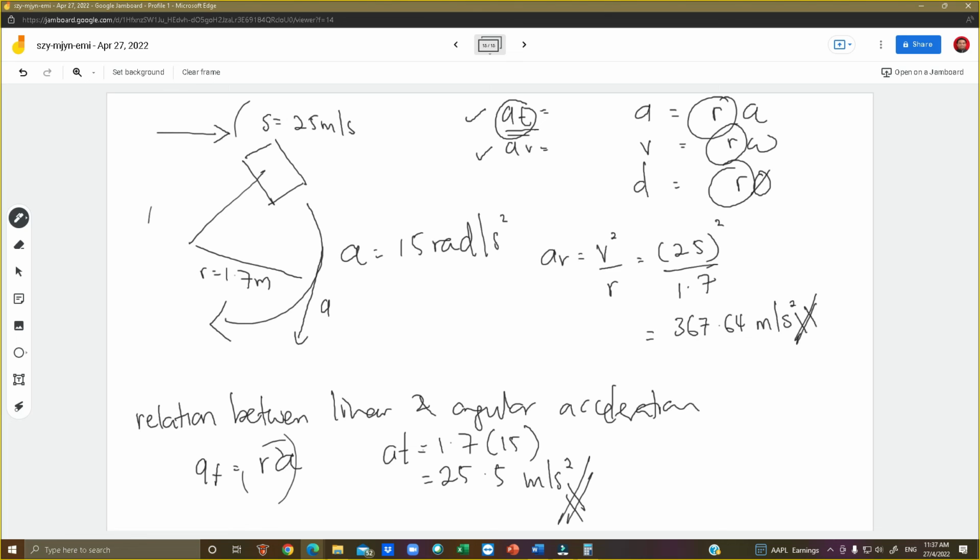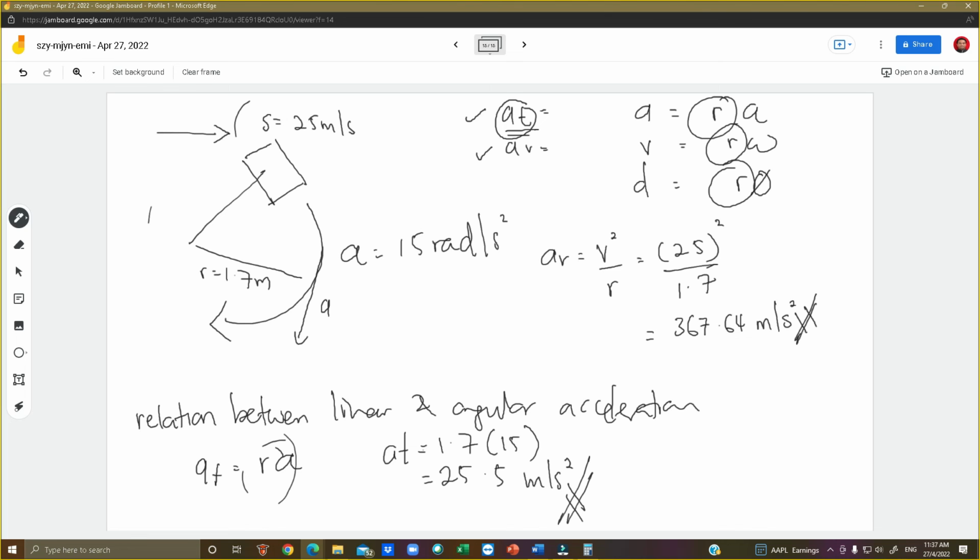Okay, let's try last one before we end the class. Sekejap, yang ni nampak macam panjang sikit. 10, 12.5, period coming out of a curve. Curve 20 meter radius.